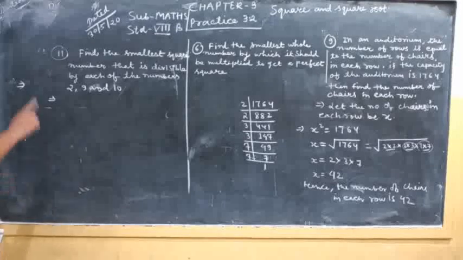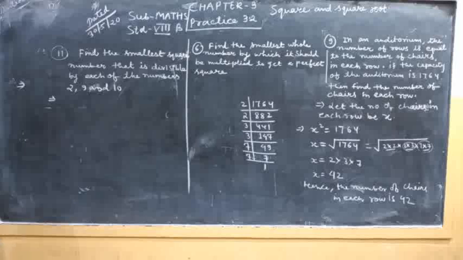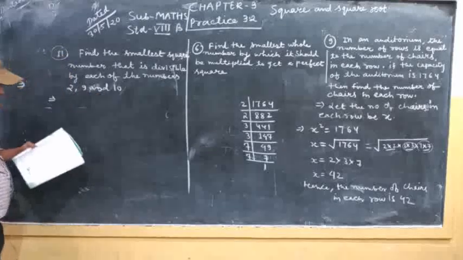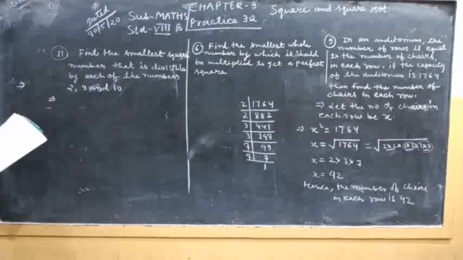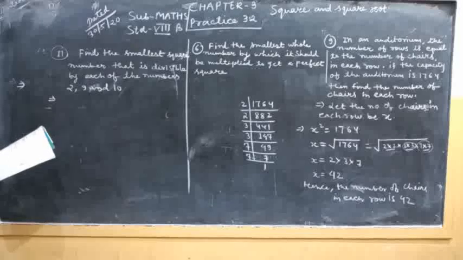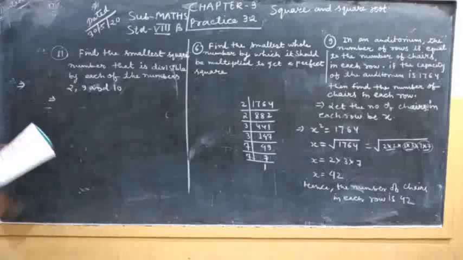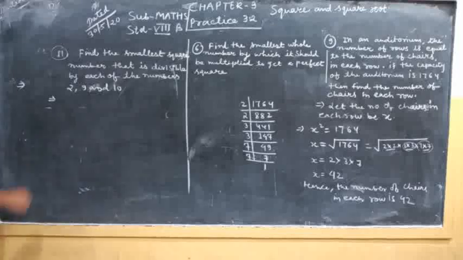Find the smallest square number that is divisible by each of the numbers 2, 9 and 10. This is question number 11. As we know, first we find the least common multiple and then find the square number needed. The least number divisible by each of 2, 9 and 10 is their LCM.